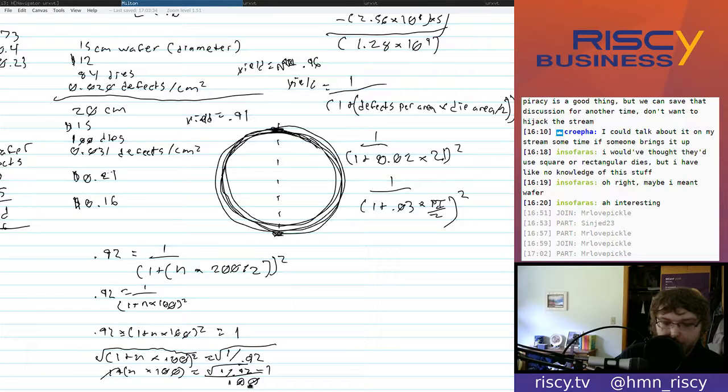So we're saying, let's see, square root of 1 over 0.92, and that minus 1, and then divide by 100.